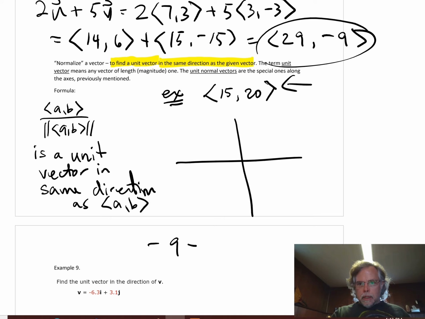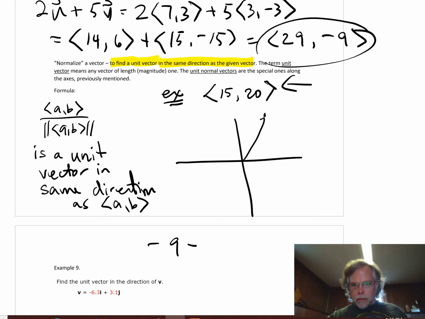So the idea is we have <15, 20>, just a rough sketch here without a scale or anything. It'd be a vector like that. So to normalize this vector means to find, just by a formula, a vector which would be a teeny tiny thing down here of length 1 in the same direction as that vector.